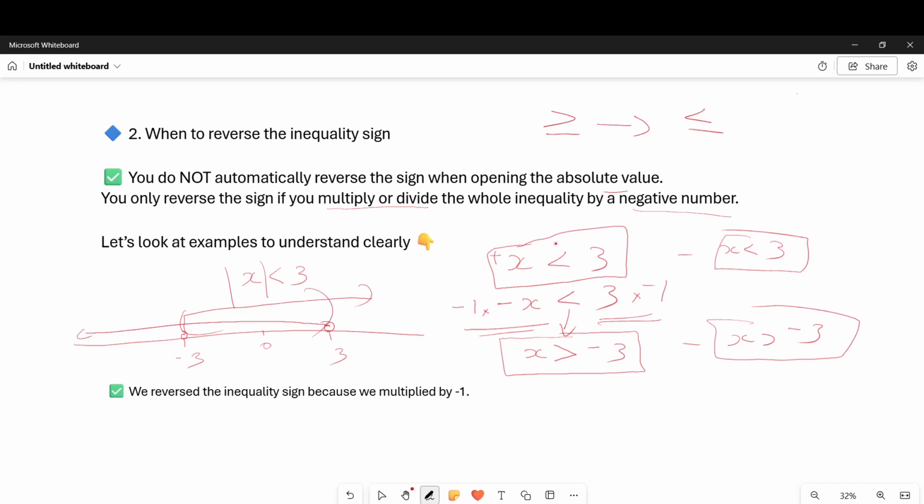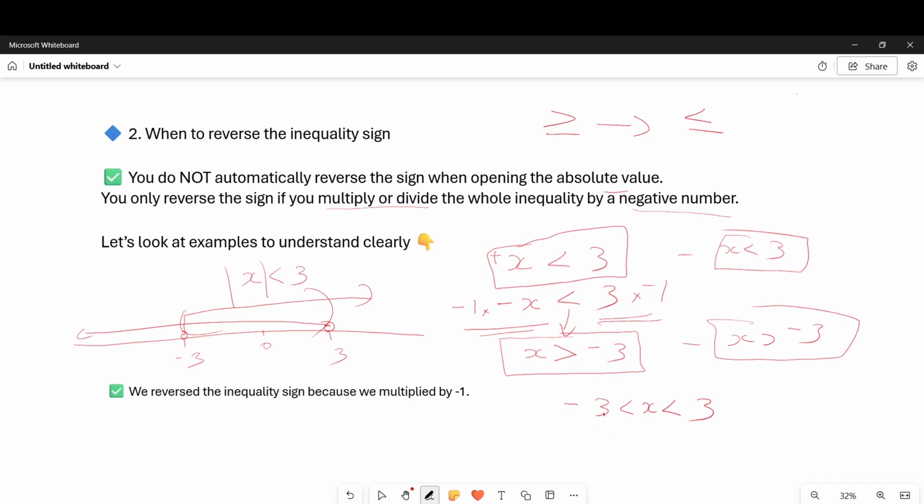We just combine and write the entire inequality as minus 3 less than x less than 3.